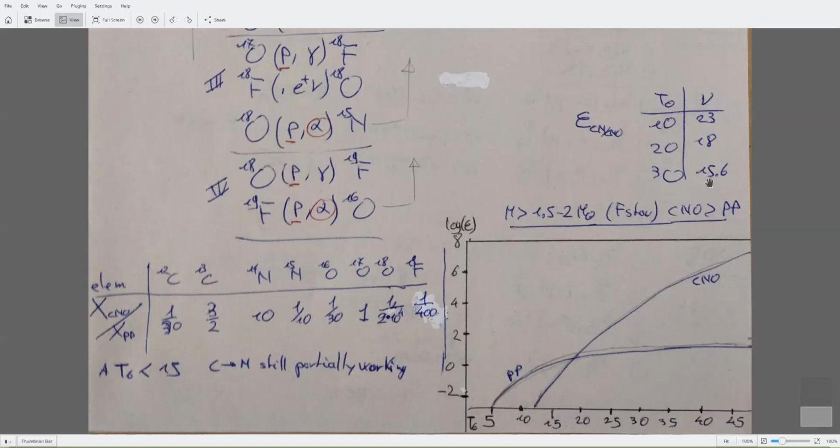So it's like 23 divided by temperature, and so decreasing. But it's really high. You have, say, 20 as the exponent. That means that with a little increase of temperature, you have an enormous increase in the production, because it goes with the exponent.